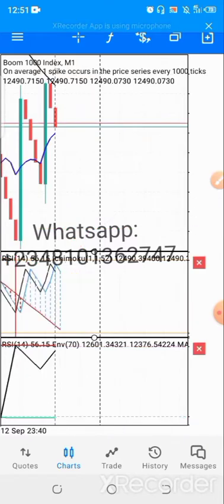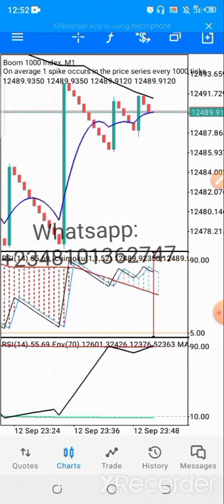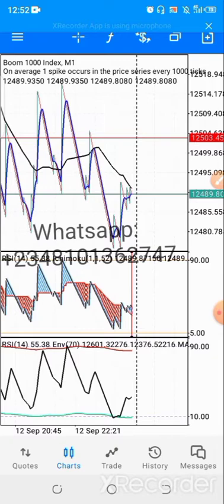And another way you can be profitable as a trader is you must always trade aggressively on demo. Don't just go live and start trading aggressively, whereas on demo you were not trading aggressively. Aggressive trading is always trading all the time.